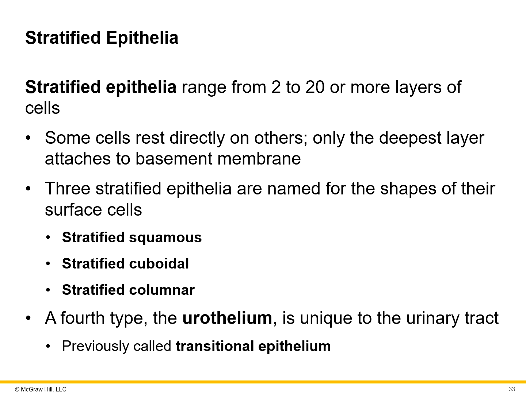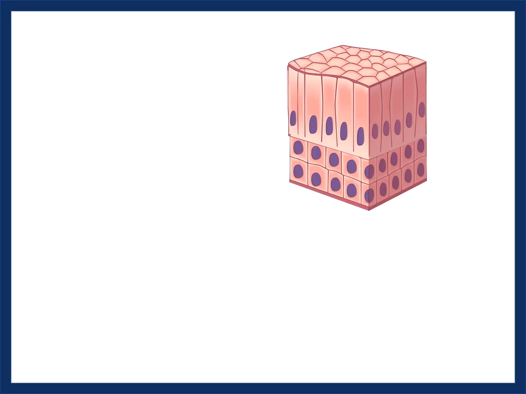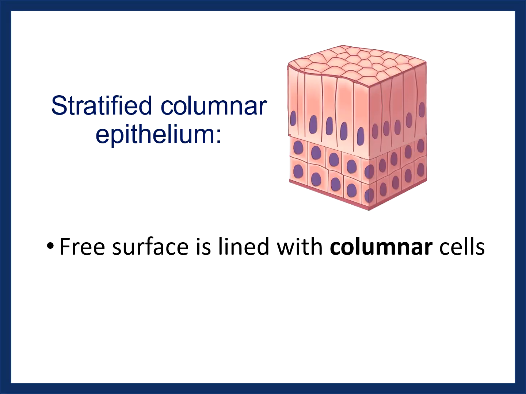We're going to name these strata based off of the shapes of the cells, just like we did before. So we have stratified squamous, stratified cuboidal, and stratified columnar. Stratified columnar epithelium will have many layers, and the free surface is lined with columnar cells. When identifying stratified epithelium, we're always going to look at the apical surface or the free surface.